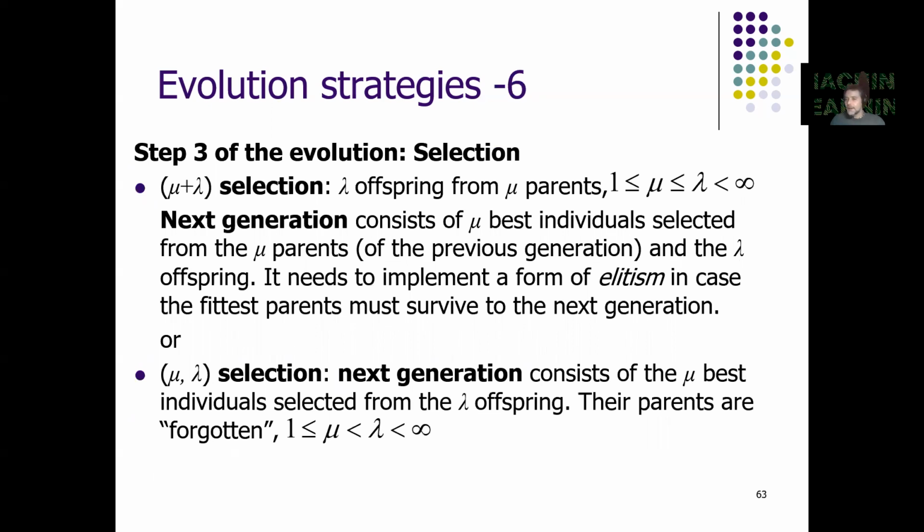And then, as I said, we have selection, and I explained that there are different ways, the plus strategy and the comma strategy. So I have here a few details about each one of these approaches. In the plus strategy, you select lambda offspring from the parents, and the next generation consists of the best individuals from the parents of the previous generation and the offspring.